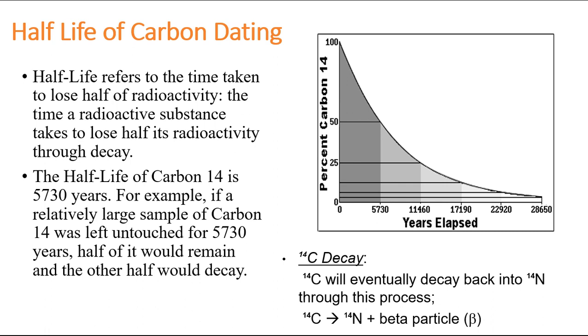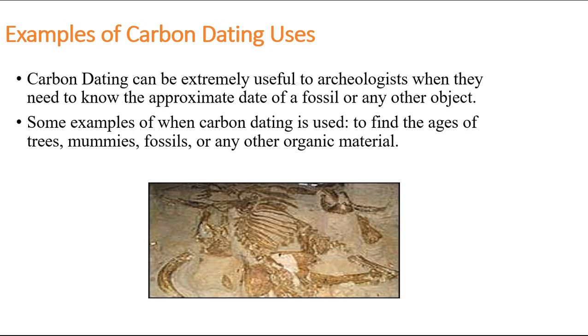The half-life of carbon-14 is 5,730 years. This process of dating gives very good results if the age of the sample is less than this. So usually it is valid for 50,000 year old samples.